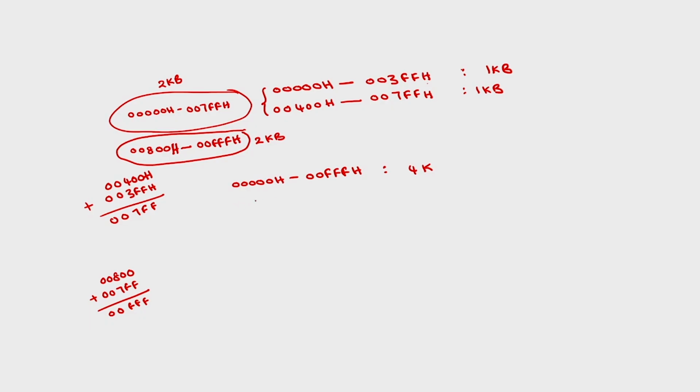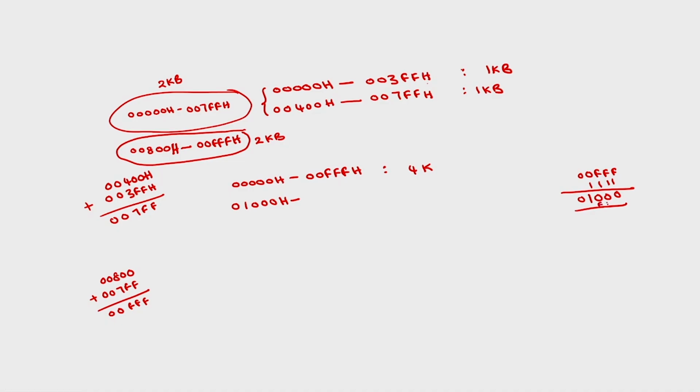Another 4K starts at 01000H. If I add 1 to 00FFFH to get the next address, F plus 1 is 10, F plus 1 is 10, F plus 1 is 10, so this will be 01000H. And to get the ending address for the 4K, you have to simply add FFF.